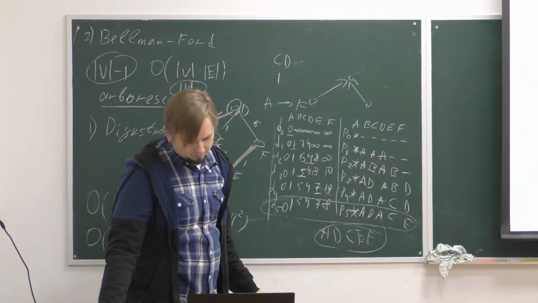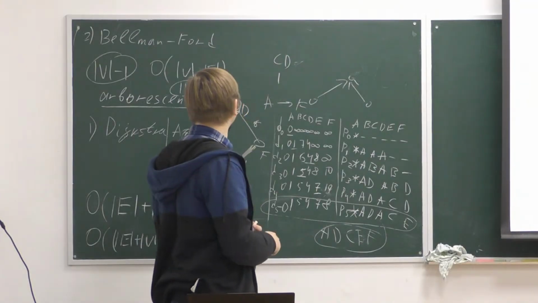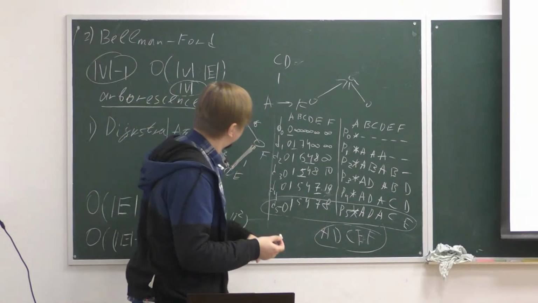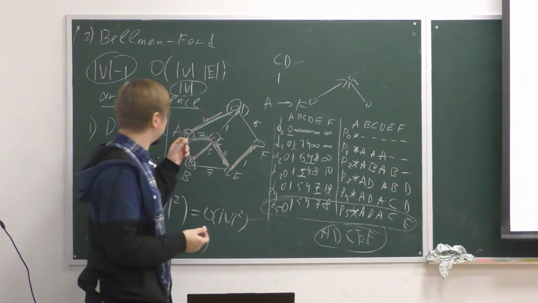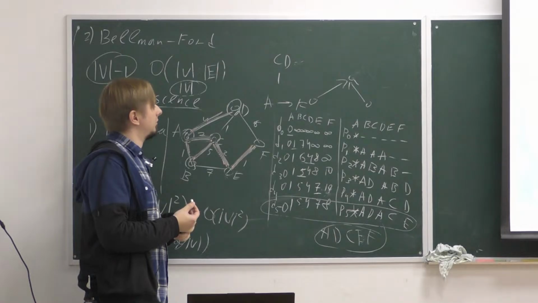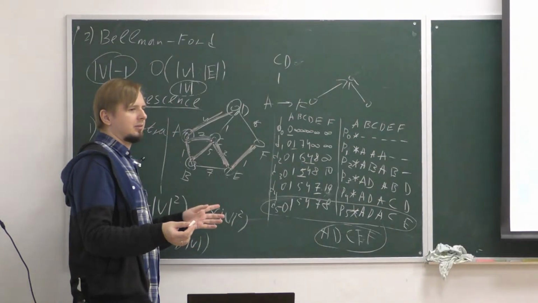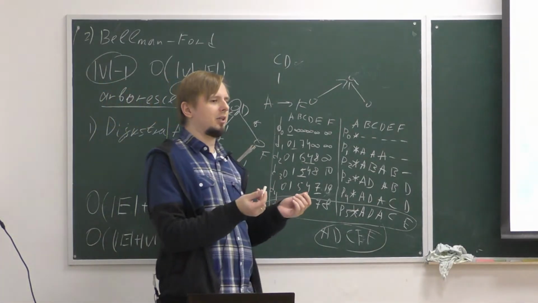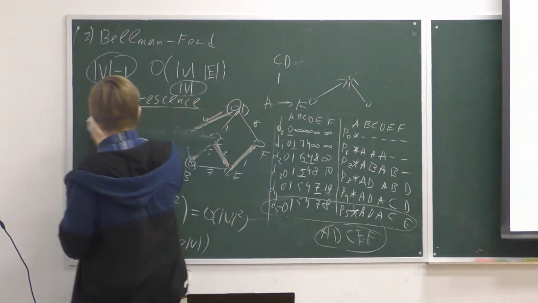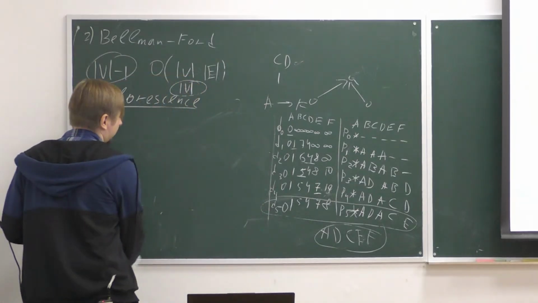So, very good. Let's go further. This algorithm finds the shortest paths from our first vertex to the others. Let's try to find all the shortest paths between any two vertices. So next is how to find the so-called shortest path matrix.